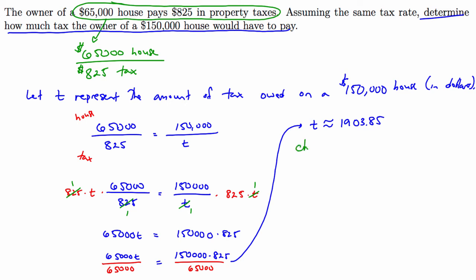As always, I do want to check to make sure the answer we came up with does fit the context. So what I want to do is compare what is 65,000 divided by 825, and is that actually equal to 150,000 divided by 1903.85. So again, we'll bring up our calculator and do this calculation.